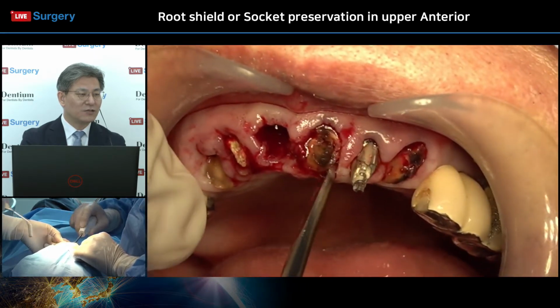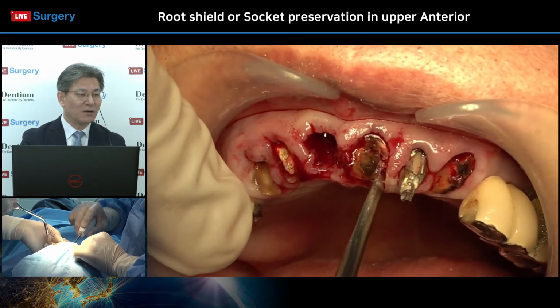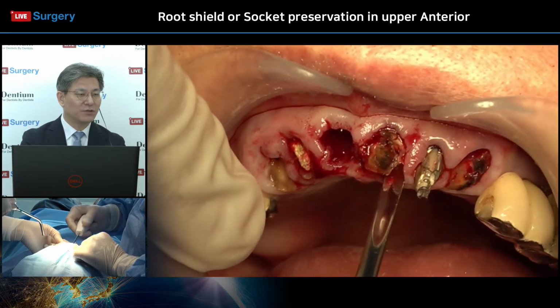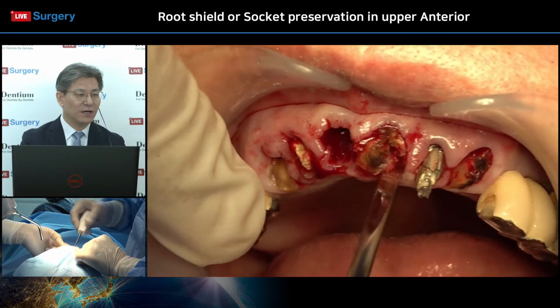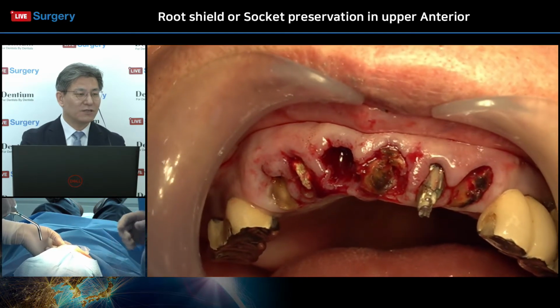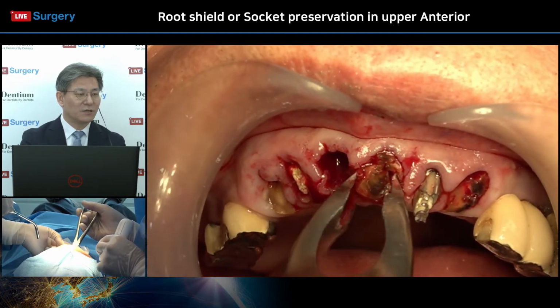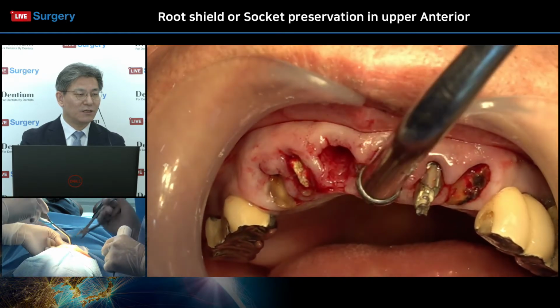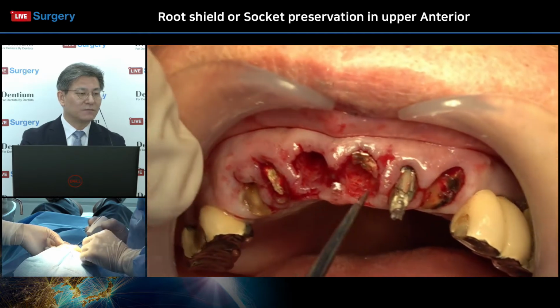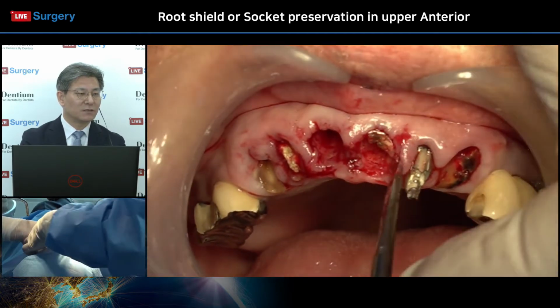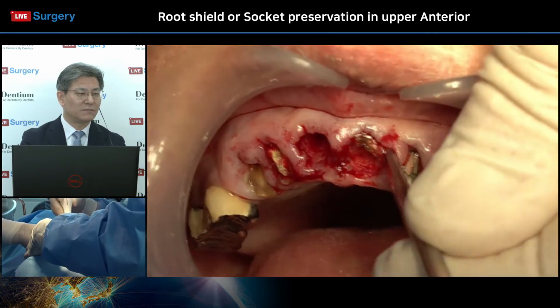The instrument is inserted in the parallel and proximal portion, feeling with an axial motion, luxating the tooth, and after luxation, removing all the remnant of the tooth. Okay, and a little bit more elevating.